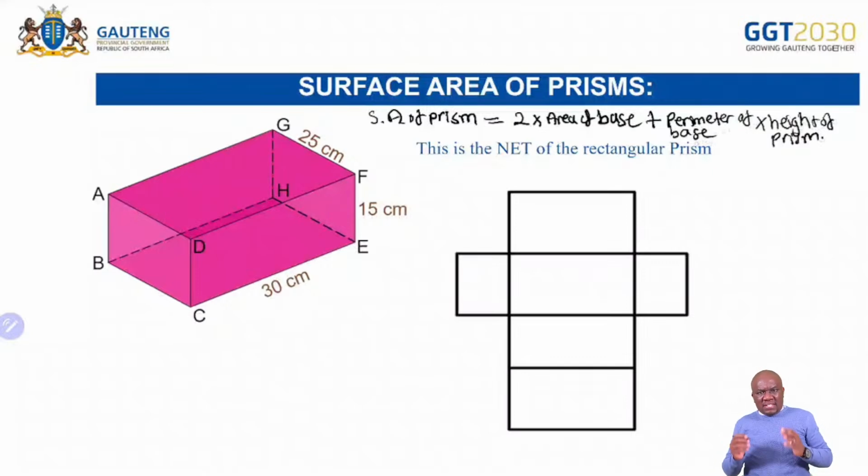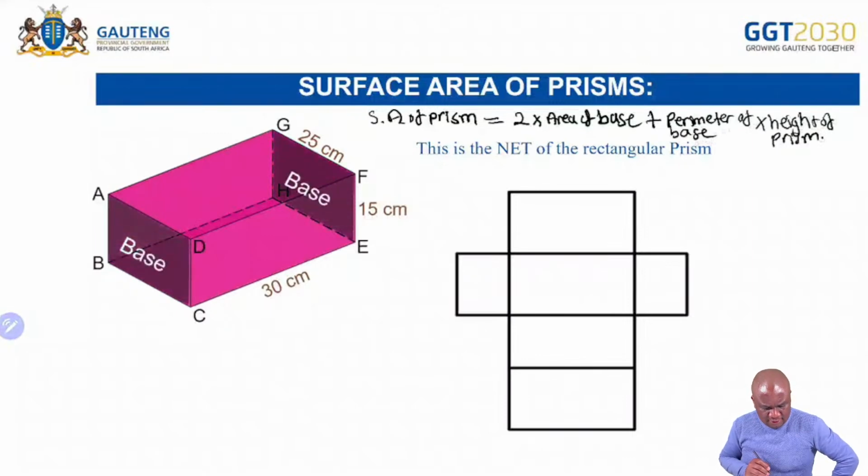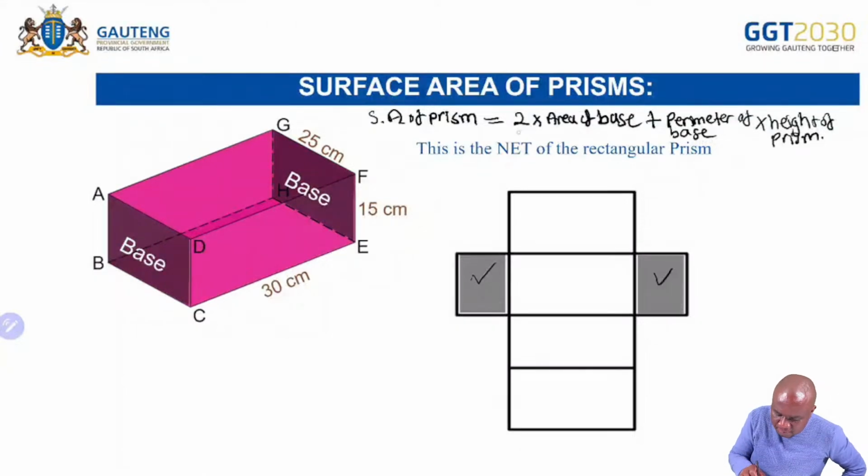Right, let's discuss this. So we want to find the surface area of this rectangular prism. I'm going to explain using the rectangular prism. We have these 2 bases. Now I'm going to use the net here. This is called the net of the rectangular prism. So this will be the area of the base and the area of the base, so this part is 2 times the area of the base.